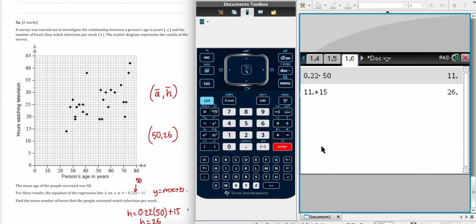We also know that it goes through the y-axis at the b value, or 15 in this case, and it's the h-axis. So we know that it goes through at 15, and we know that it should go through 50, 26. So 50, 26 I can plot on here. So it should go through both of those values, and then I can draw my line of regression on. So something like that.